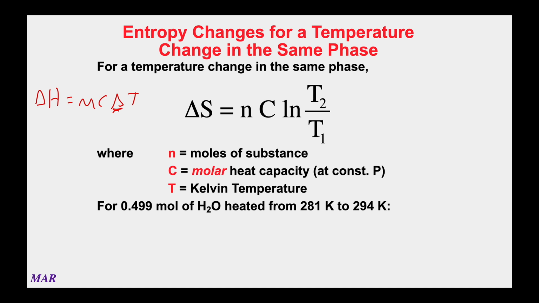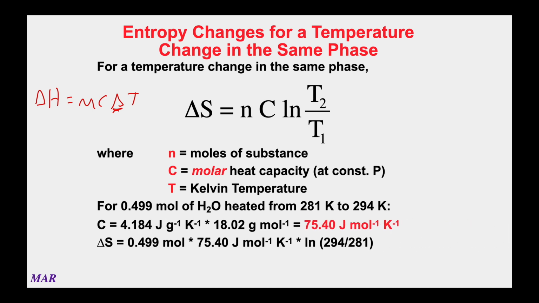So the 4.184 number we talked about in Chem 221 is joules per gram Kelvin. We need to turn our joules per gram Kelvin into moles, and it's not too hard. Grams and Kelvin are in the bottom and joules are in the top. So in order to turn it from a gram heat capacity to a molar heat capacity, we essentially have to multiply by the molar mass.